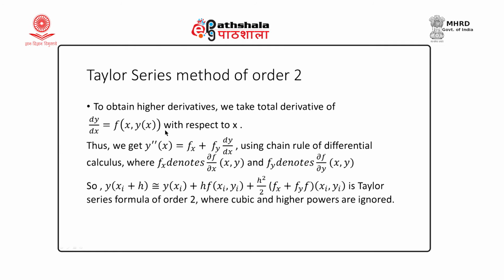So, dy by dx is f(x, y). Differentiating this, we can use the chain rule of differential calculus, and so y double dash is the derivative of f with respect to x plus the derivative of f with respect to y, into dy by dx, since y is a function of x. So, we can substitute the value of y double dash in our previous formula.